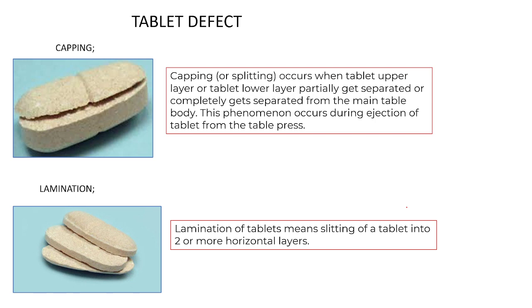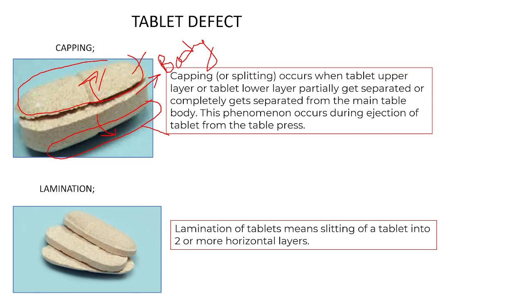Capping is nothing but the upper layer or lower layer of the tablet getting separated from the body. This is the upper layer, here down is another layer, and this is the body of the tablet.